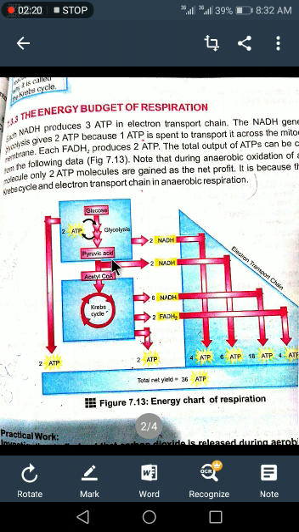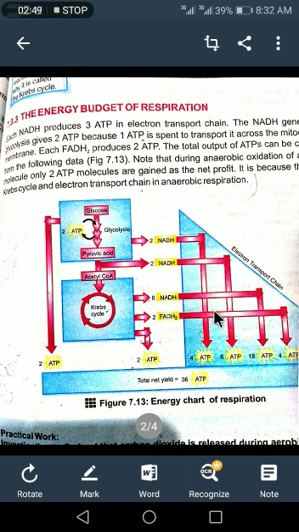And when pyruvic acid changes into acetyl coenzyme A, 2 further NADH are produced, that will give 6 ATP molecules. And this acetyl coenzyme A, when completely oxidized and carbon dioxide is produced, in this cycle 6 NADH and 2 FADH2 are further produced.